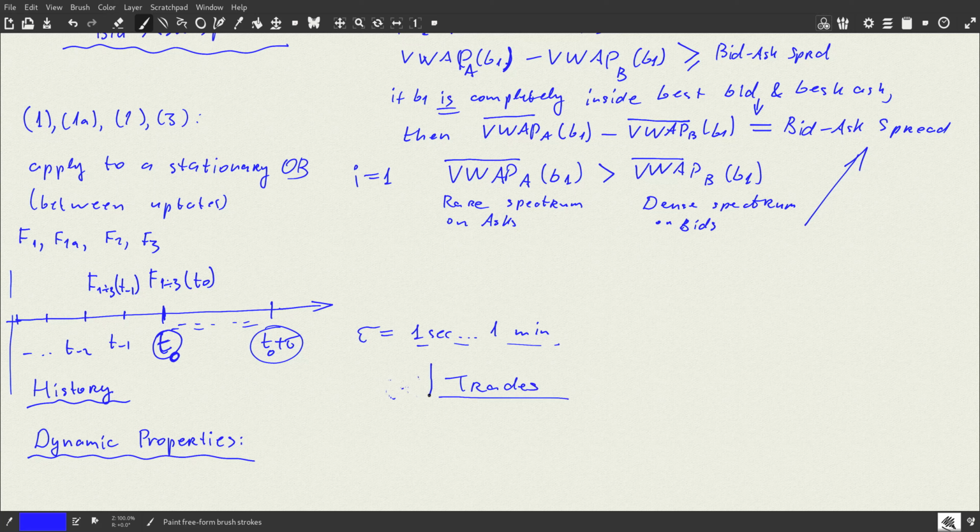What kind of information can we infer from the trades? What do we have for the trades? For each trade, we obviously have time, quantity, and price of the trade, all right? What else?